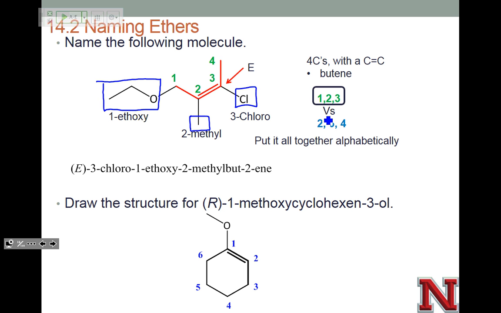My methoxy, it's a meth, so we have a CH3. It's an OCH3 on 1. And I held off on doing the alcohol because that's our R group. So that is R. You can double check that. And I could have started the double bond anywhere, but of course my numbering for the double bond starts on 1.